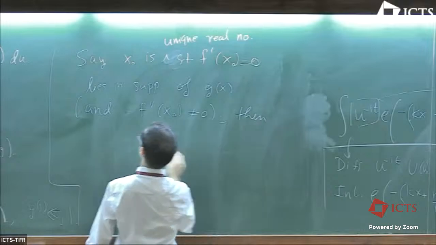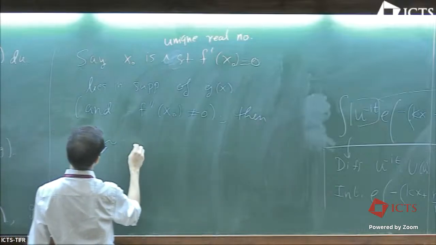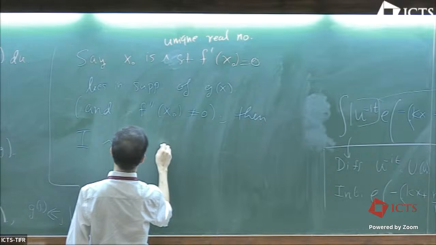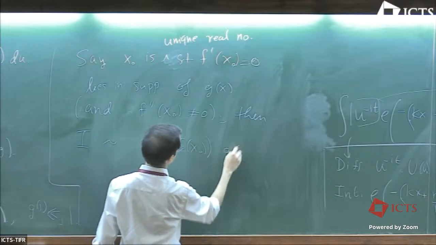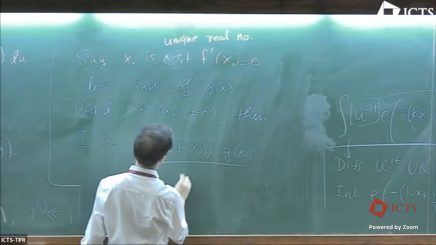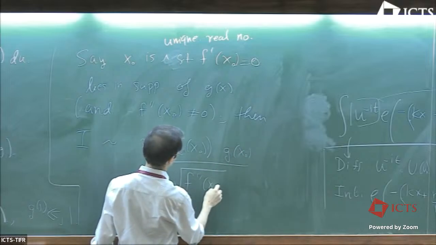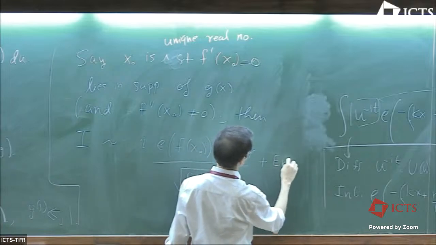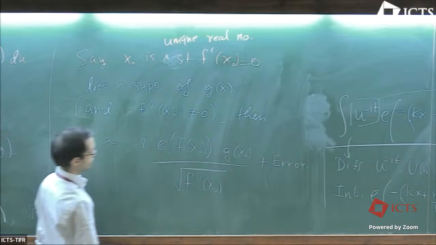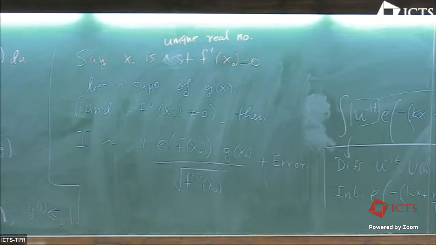Then your integral is going to be asymptotic to e of f(x naught), g(x naught) divided by square root of f double prime of x naught, times some constant. And there is, of course, some error term that is going to be very nice and bounded as long as g is bounded nicely.